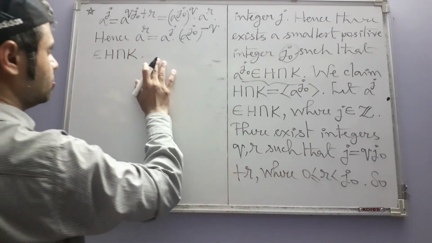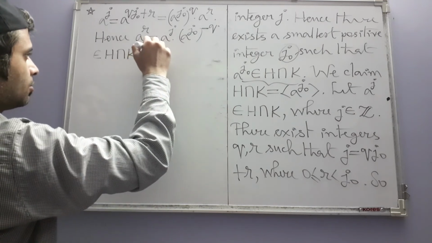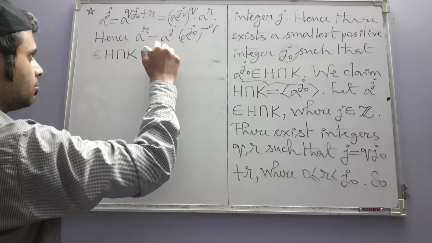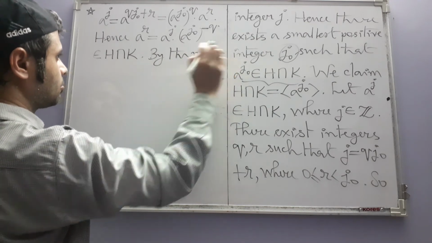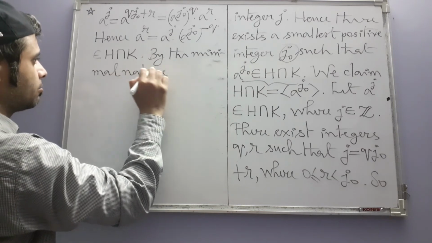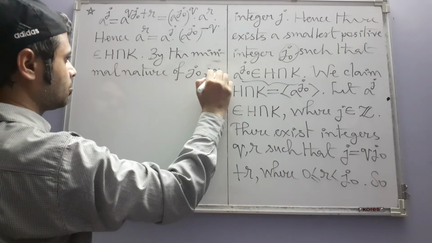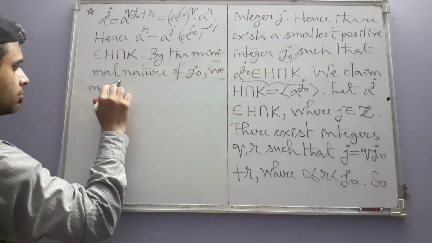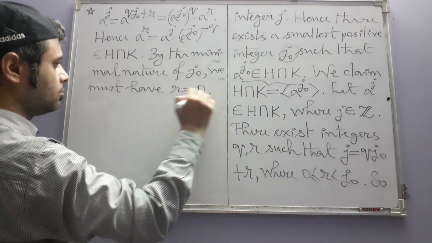And we are going to write all these things in just one line like this. By the minimal nature of j naught, we must have r equal to 0.